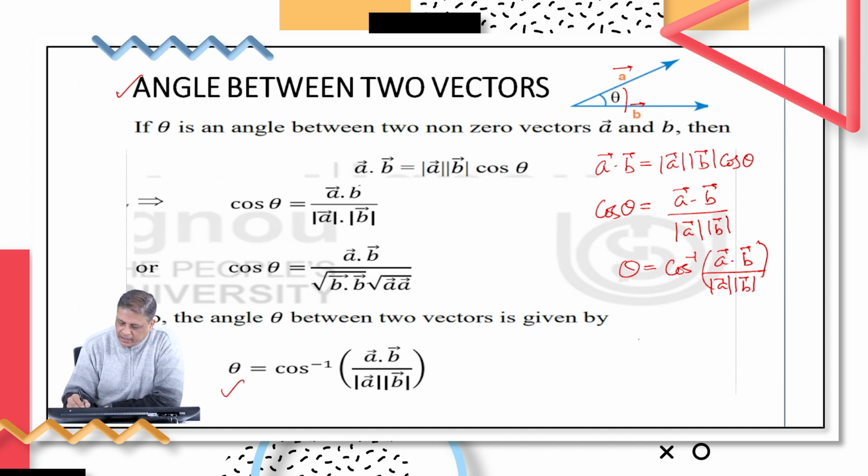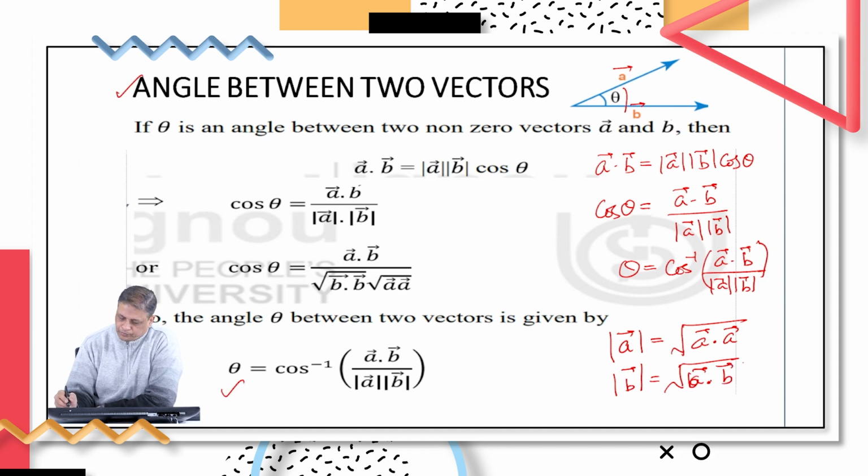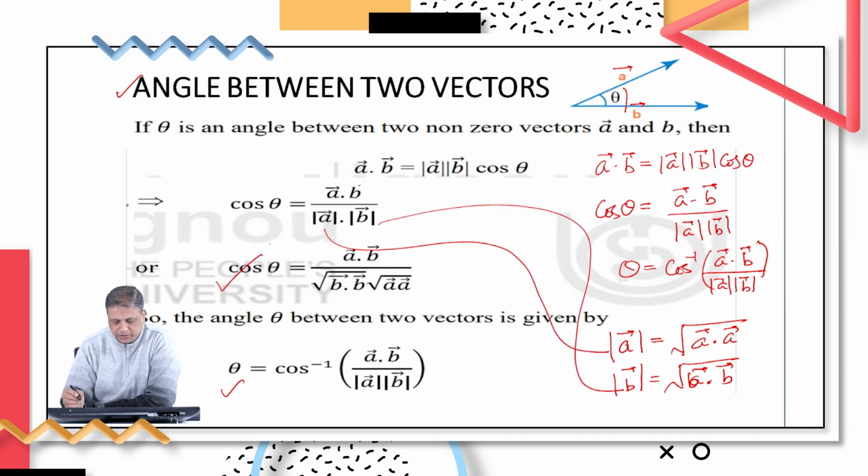And we learned in our earlier discussion that magnitude of A is equivalent to square root of A dot A. Similarly, magnitude of B is equivalent to square root of vector B dot vector B. So, using these expressions in place of magnitude of A and magnitude of B, you can always get this expression.